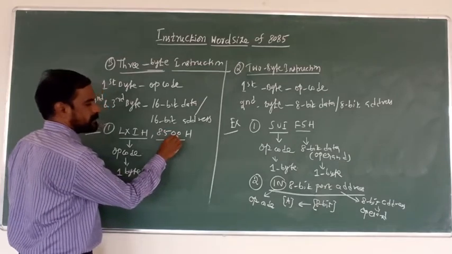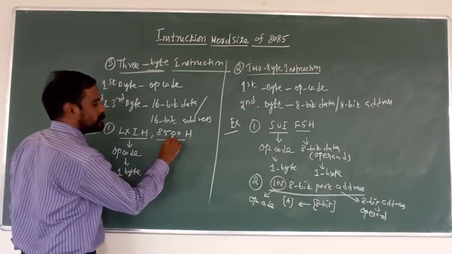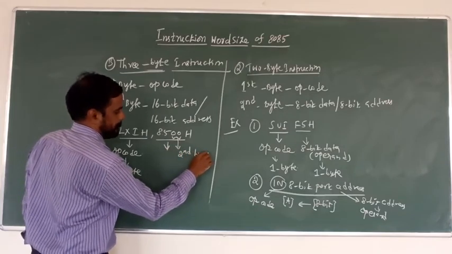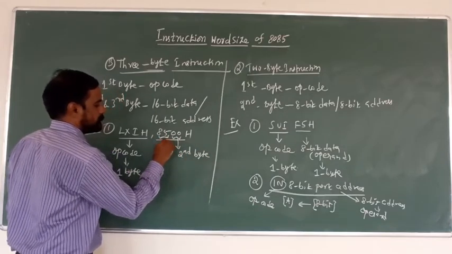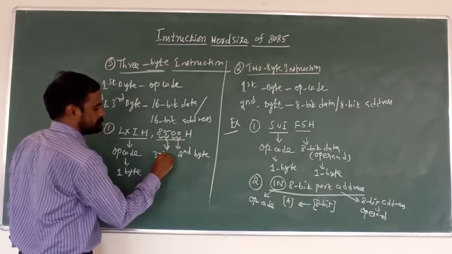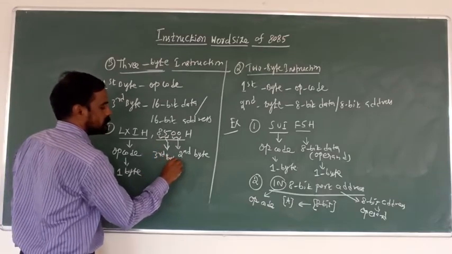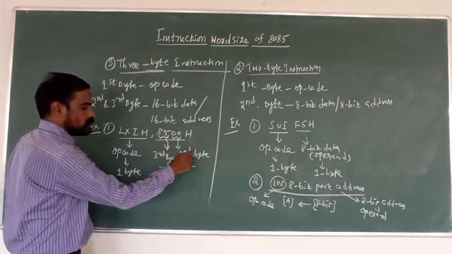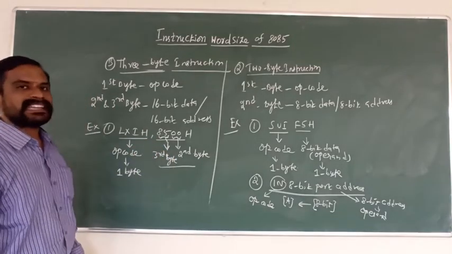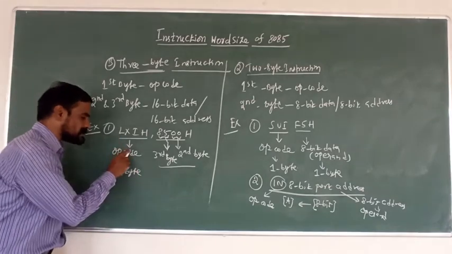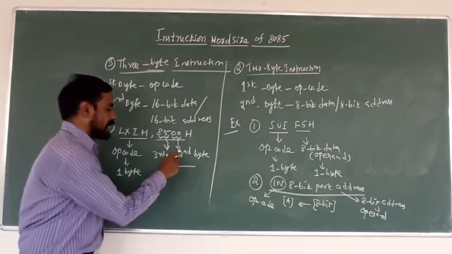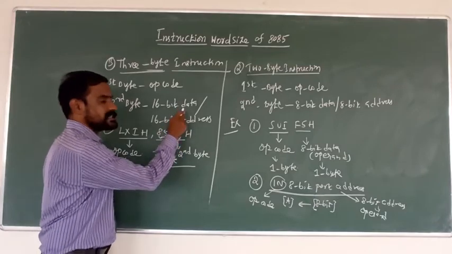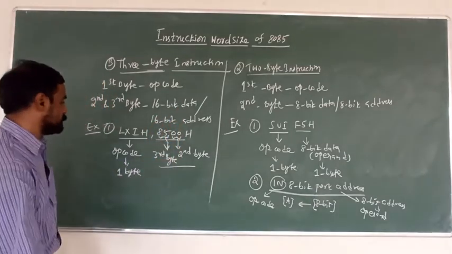This is the second byte and this is the third byte. Total 16 bits. 1, 2, 3. Total 3 byte instruction. The first byte represents the opcode, and the second and third bytes represent a 16-bit address or 16-bit data.